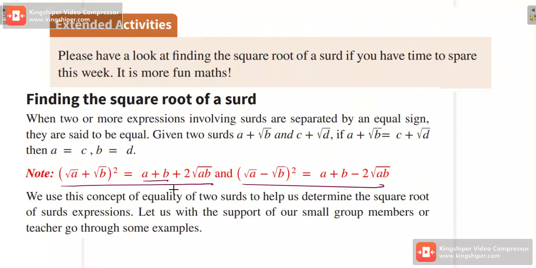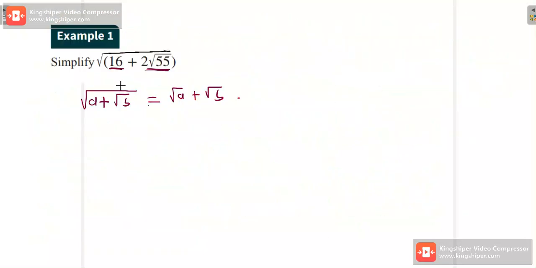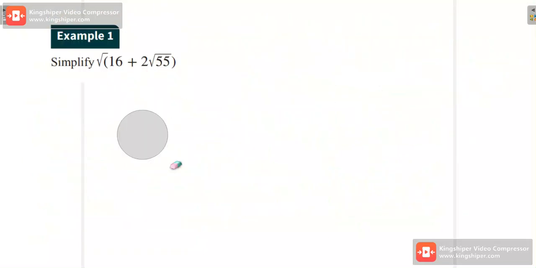The set is of this form, A plus B plus 2 root of AB. So if you square root both sides, you have to get the form root of A plus root of B. So we are going to apply the concept to solve this question.